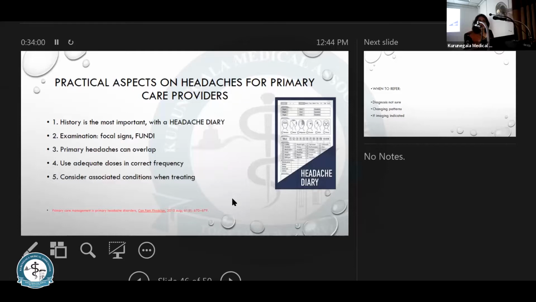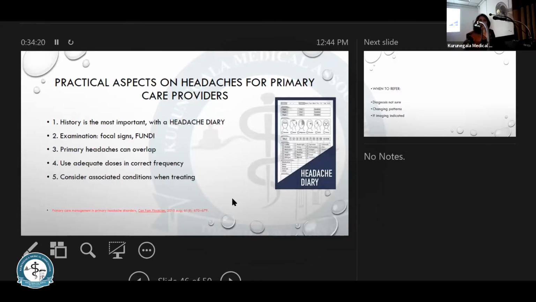And examination: do the general examination and always look at the fundi. Even though you have all the features of migraine, please have a look at the fundi, because secondary headaches can present with the features of migraine, and even a patient with migraine can come later with a secondary headache.